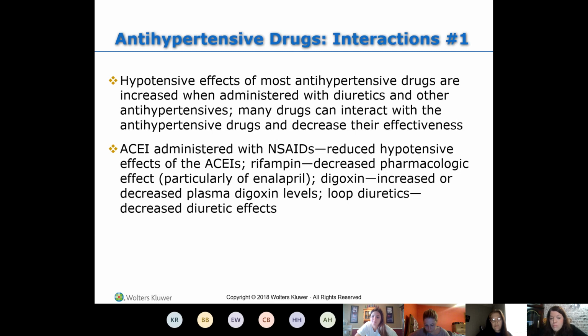So instead of saying hypertensive, we're going to say blood pressure drugs, just to make life a little easier. Hypotensive effects of most blood pressure drugs are going to be increased hypotensive effects, which means further decrease of blood pressure is going to take place if we give blood pressure meds plus diuretics. They're going to go down. Makes sense? It's the way it's worded. I think that's throwing you off.